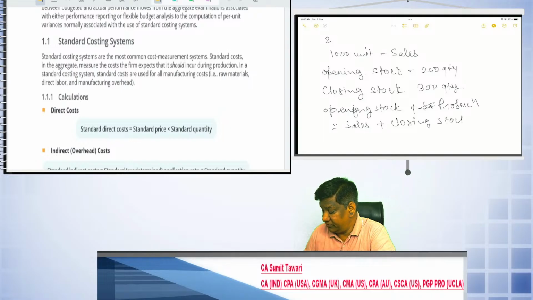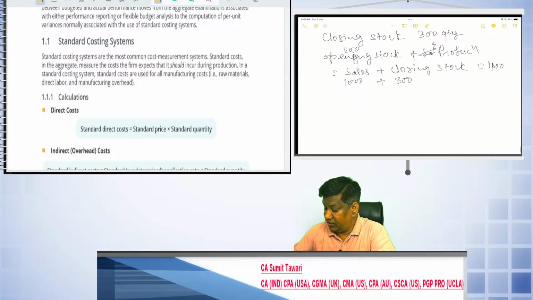We have this number, which is the 200. This we need to calculate. This is basically 1000 plus 300. So 1300 minus 200 is 1100; my production is 1100.